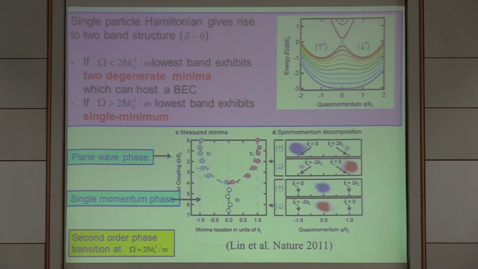These two phases have been realized experimentally, and also the phase transition between the two phases has been explored. This is a non-trivial phase transition, which is dominated by single particle dispersion, and exhibits, for example, a non-trivial divergent behavior in the spin polarizability.